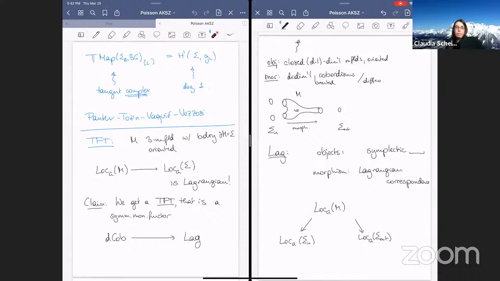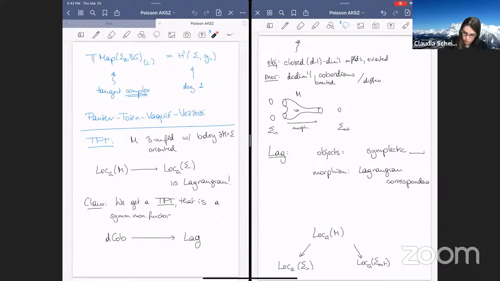So now here comes one of the points why derived algebraic geometry is useful. So what will composition here be? If we have correspondence categories, composition should be composition of correspondences.